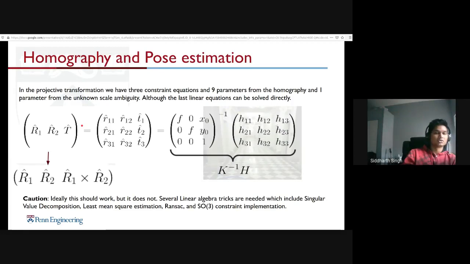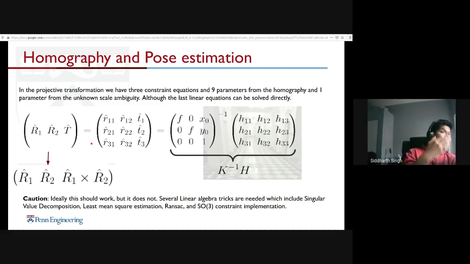So if I have R1 and R2, I am absolutely sure that R3 will be perpendicular to both R1 and R2, and the way to take the perpendicular is to take the cross product. So I have R1, I have R2, and I can find R3, which is actually what we eliminated when we assumed that all the points lie on the same plane, right? So we did no harm by eliminating that R3 because we can ultimately find it.